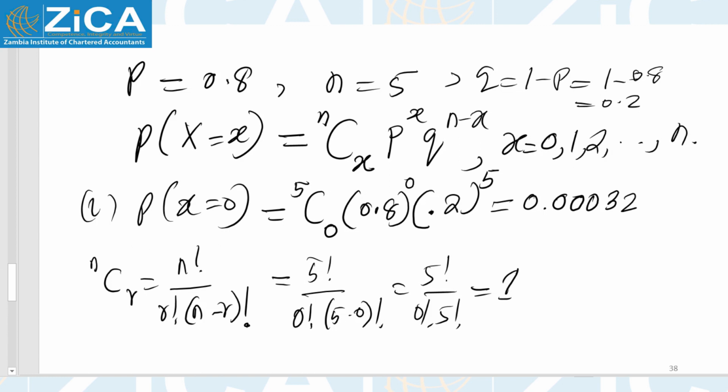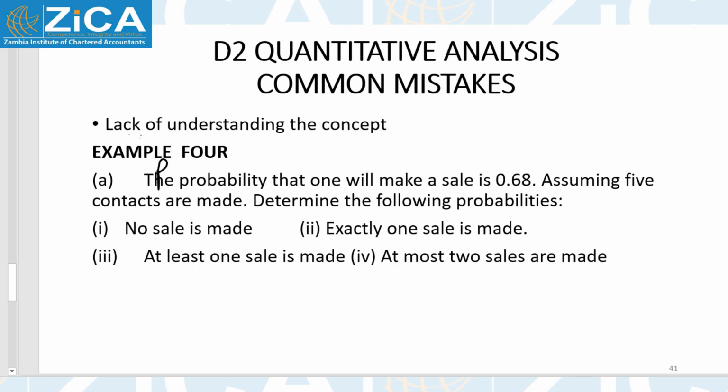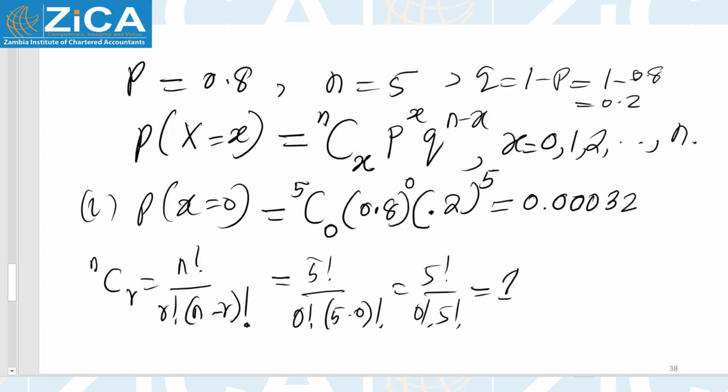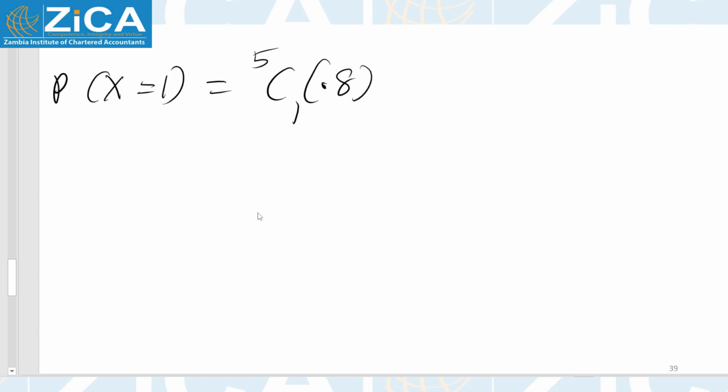The next question was, exactly 1 cell is made. If you look at the issue of exactly 1 cell being made, then you are looking at probability of X equal to 1. You are picking 1 from the given 5. You have got 0.8 to the power 1, then 0.2 to the power 4.